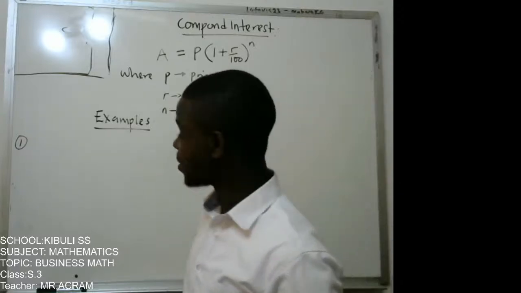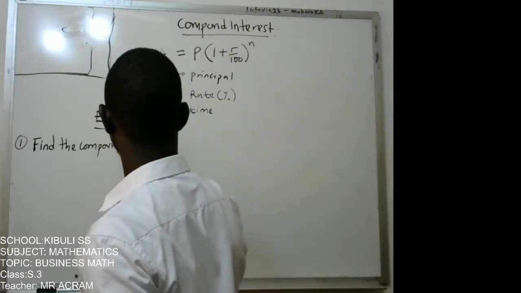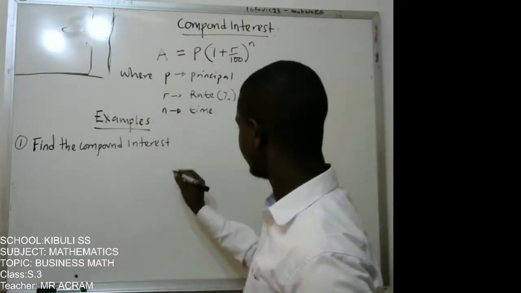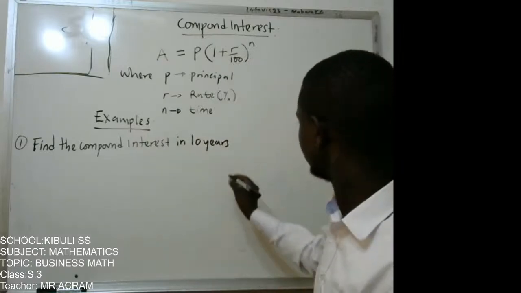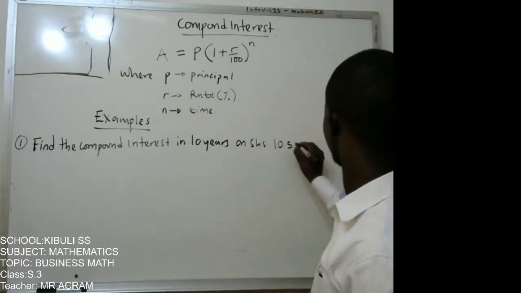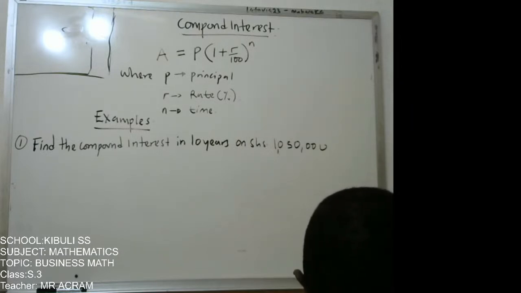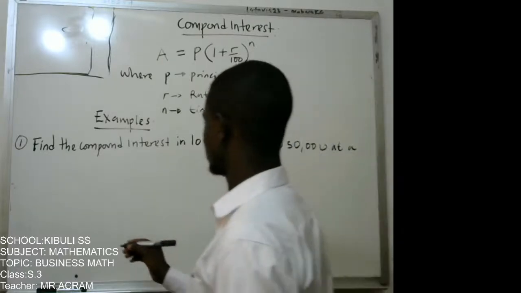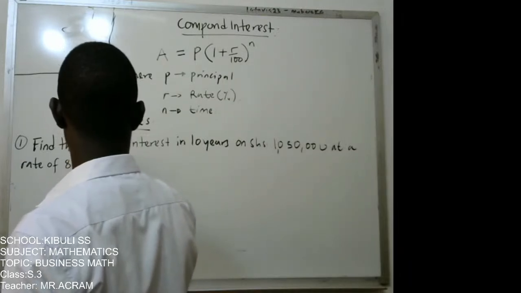Find the compound interest in 10 years on shillings 1,050,000 at a rate of 8% per annum.